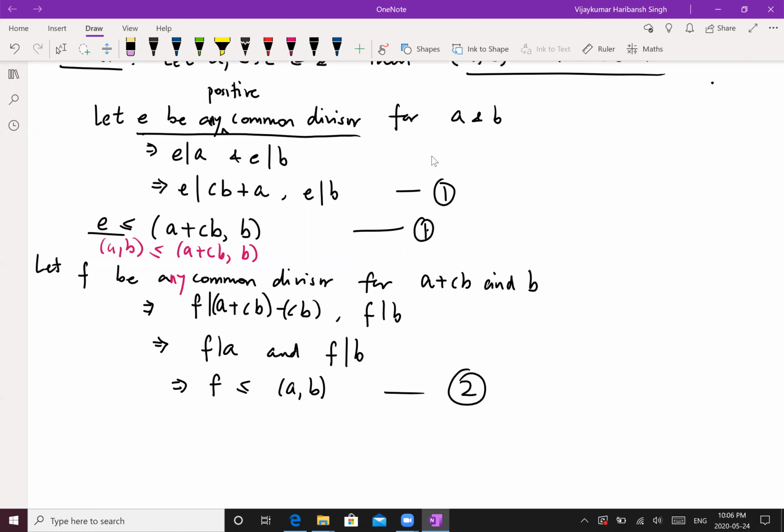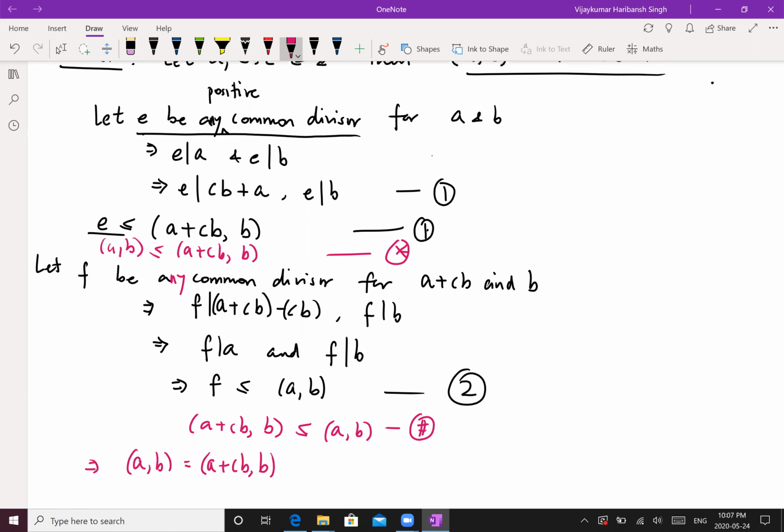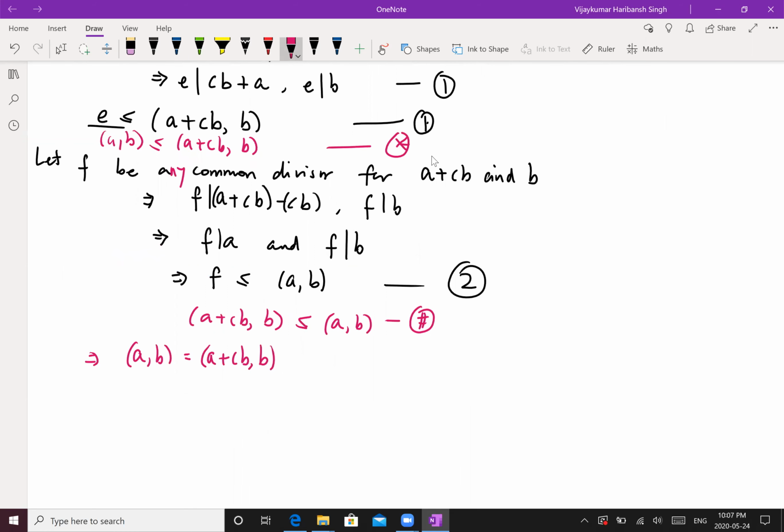So GCD of A plus CB, comma B is going to be less than or equal to GCD of A, B. Now, if you combine these two, say star and hash, you would get that these two integers must be equal.